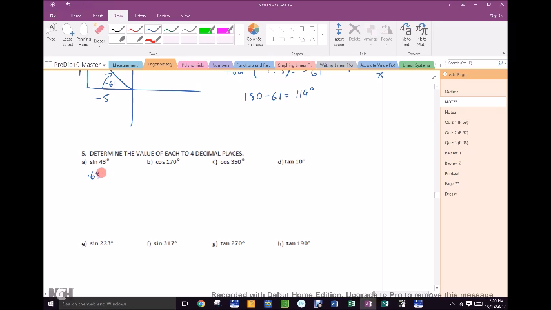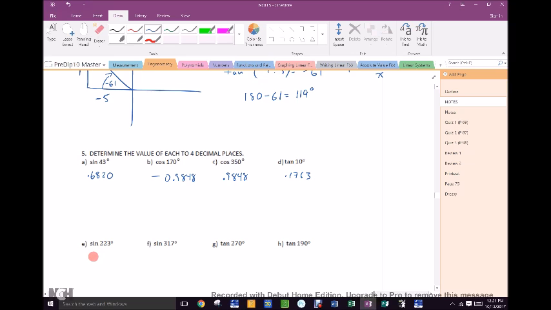0.68. Keep counting. 4 decimal places. Cos 20 is 0.98. Keep counting. Oh, no, not that one, not the other one. Oh, my bad, wrong one. Next one. 0.9858.